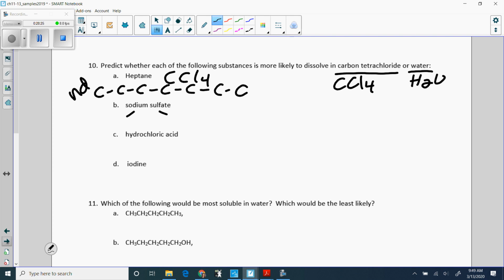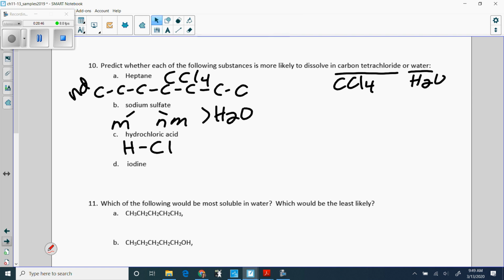Sodium sulfate, metal and non-metal. That's ionic. Let's look at our notes. Ionics are for which one? Water, because it's polar. Polar means it has a dipole. Hydrochloric acid has a dipole. It's linear, but it's not the same. So if it has a dipole, we say that's polar, like dissolves like.